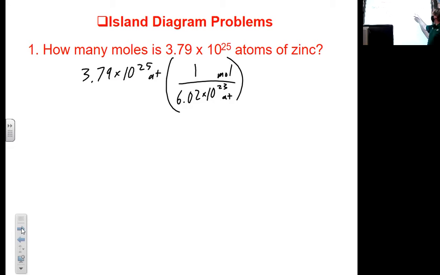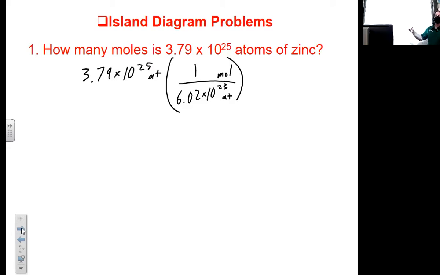The only math on the board is taking this and dividing it by this. Everybody grab your calculator. I'm going to show you the cheat code for the calculator, okay? Because you probably learned a little bit about scientific notation in math class, but I'm going to show you the cheat code on all these calculators. Martin, stick with me, man. All right? Type in with me. Everybody ready? 3.79. Now don't hit the multiplication sign.